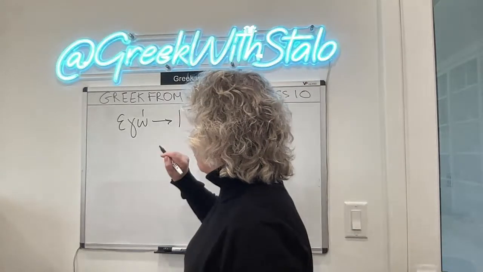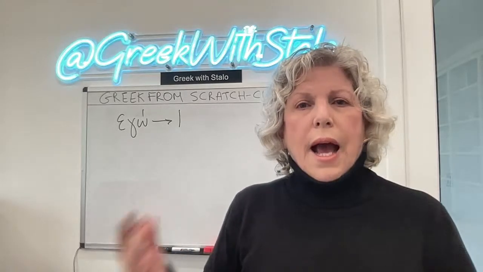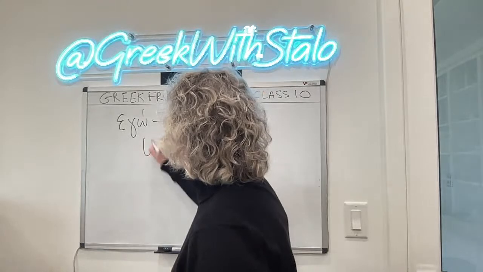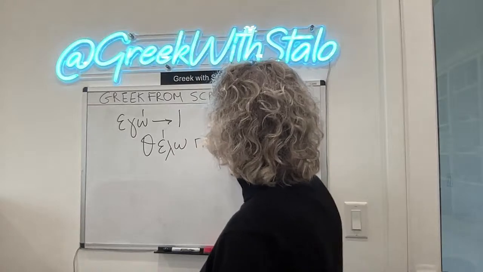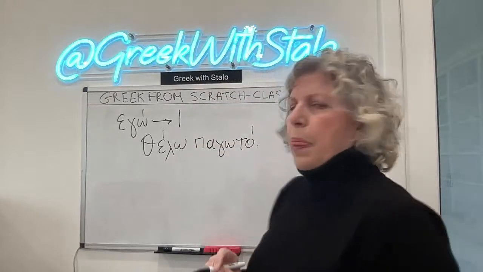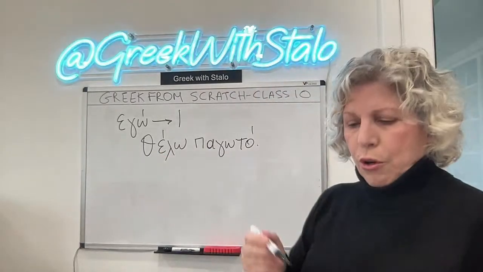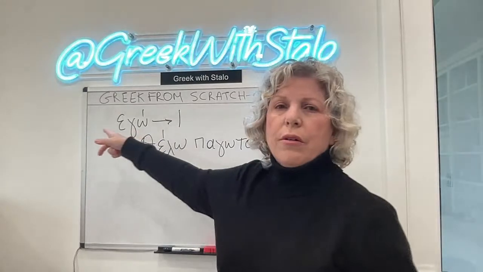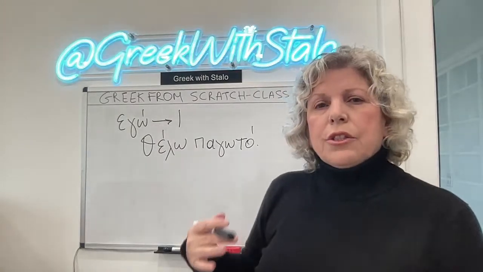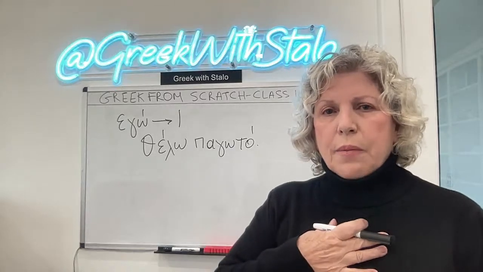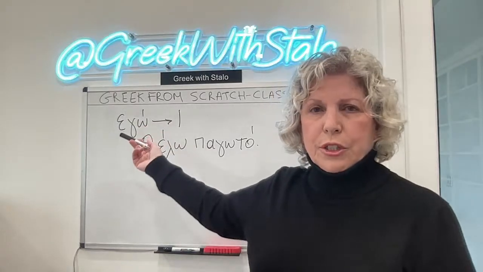Okay, so if we want to say, I want ice cream, Θέλω παγωτό. You see, I'm not using εγώ because the verb thelo, this omega, the ending, shows us that it's I. The subject is I. So you don't need the personal pronoun.